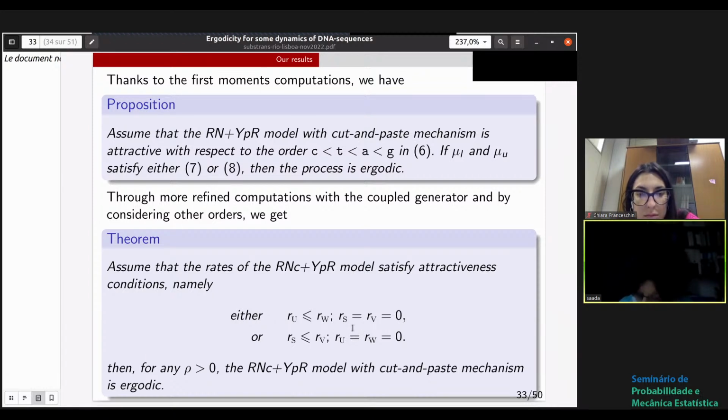Okay, there are models without those conditions. So what could we do? Also, what we did to get those conditions, we did consider other orders than just CTIG. As I told you, there are other possibilities. So we did consider the other possibilities also. Okay, so that's all.